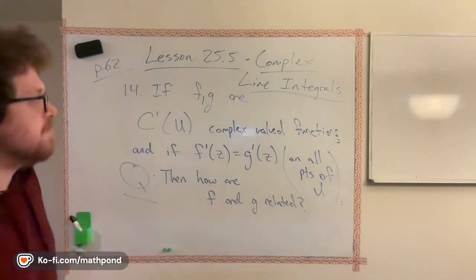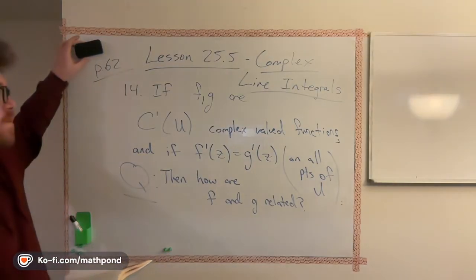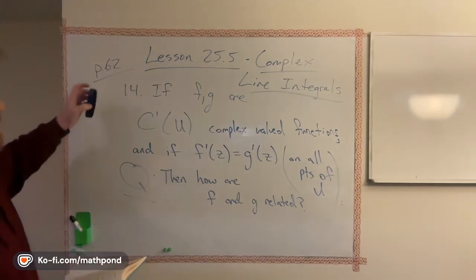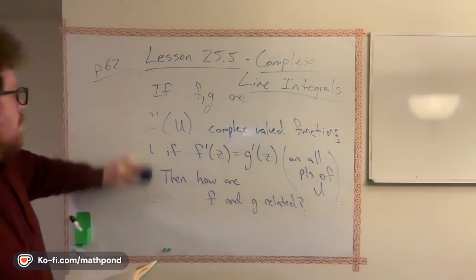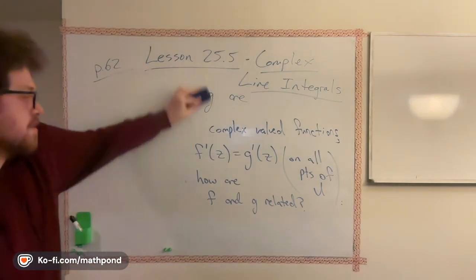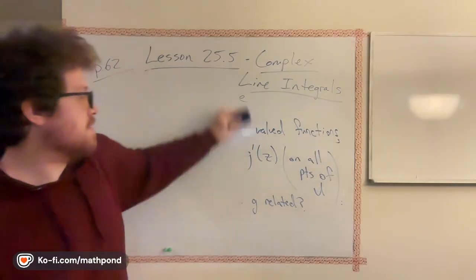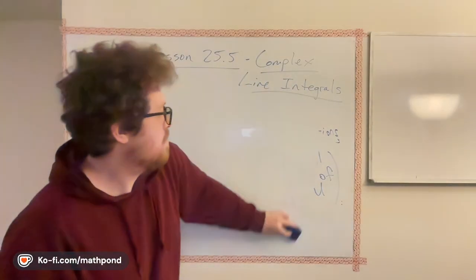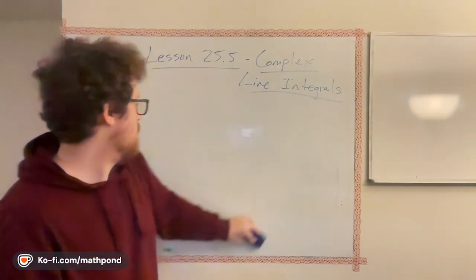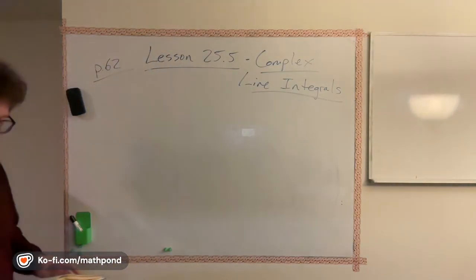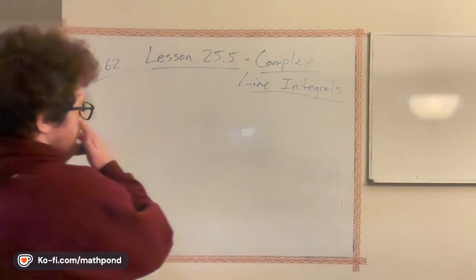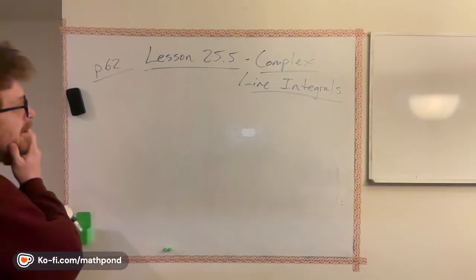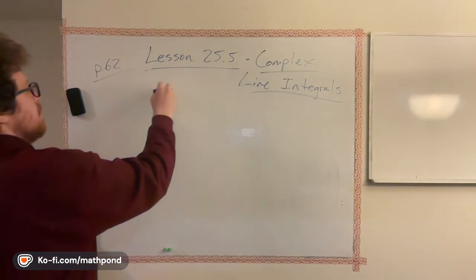Okay, so hopefully people understand at least what the problem's asking. Now we can try to solve it. So the derivatives are equal. We want to show the functions are equal up to a constant, basically. So let's just write down what we know already.